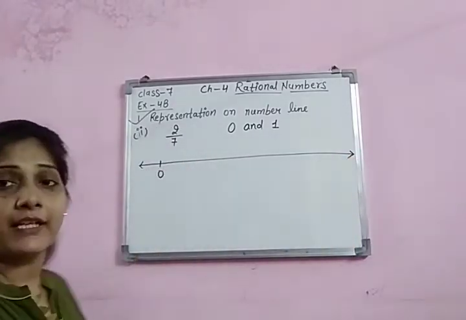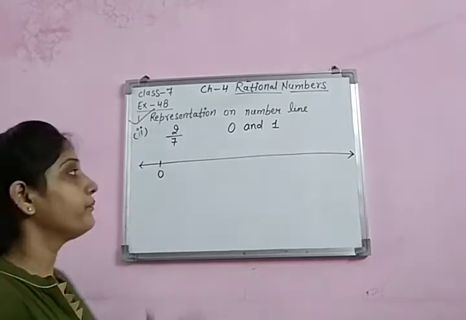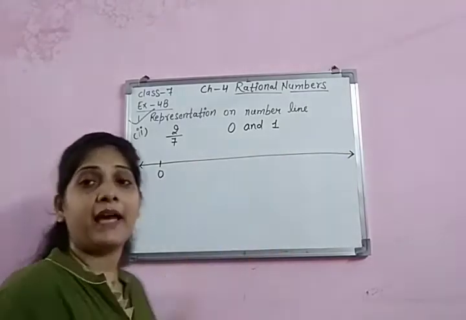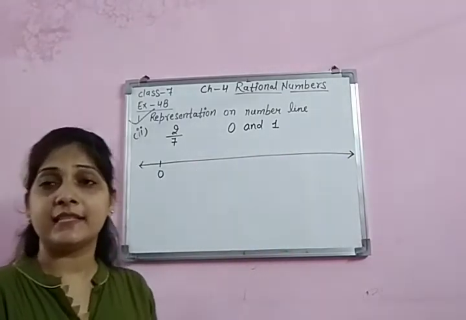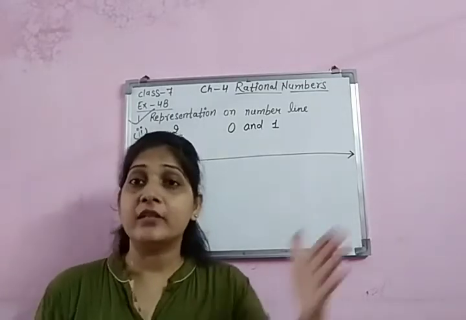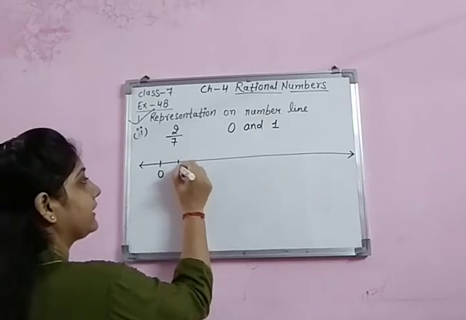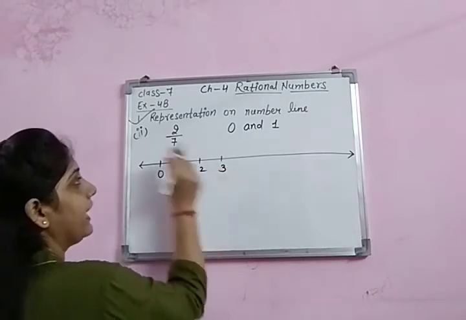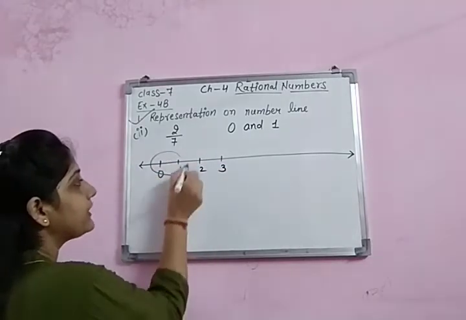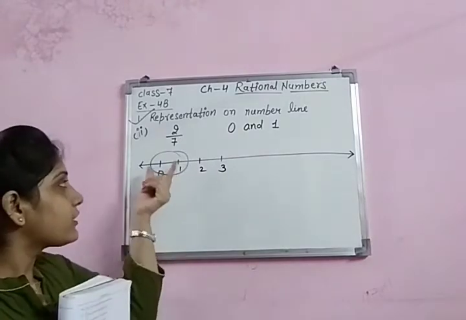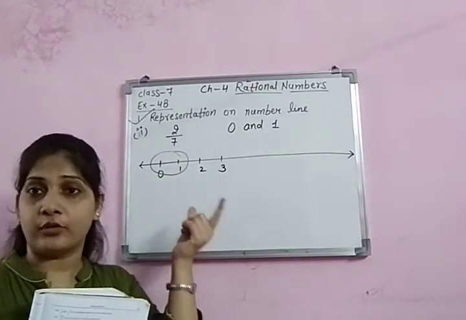So suppose I have taken this 0. Now, after marking the another place, just see, children, one more thing, I am visualizing the number line over here, because if I am taking like this 1, 2, 3, and I know it is just between this 0 and 1, so it's too typical for me to draw that.